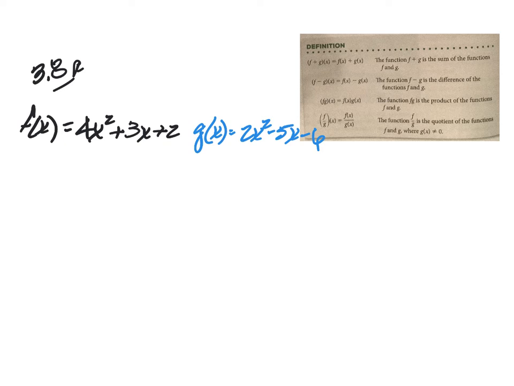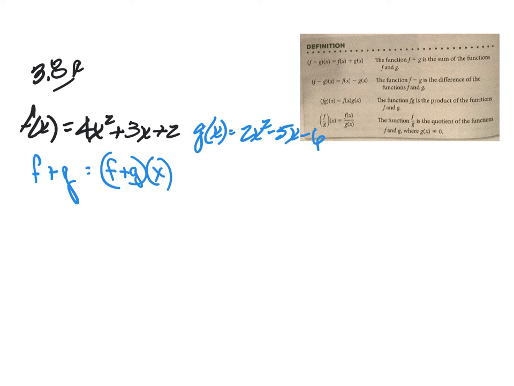If they are asking you to find f plus g, what they're asking you to do is to take the f value and the g value and add them together. So really, f plus g actually equals f plus g of x.